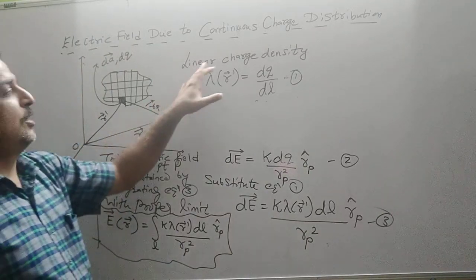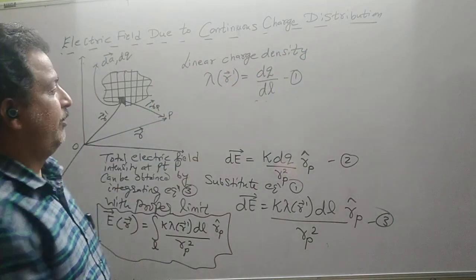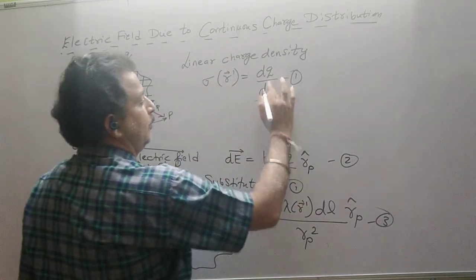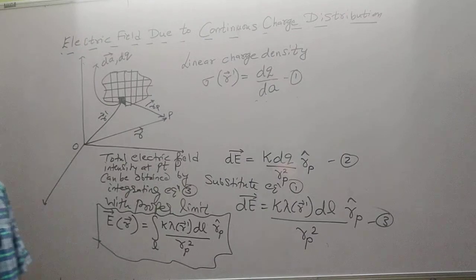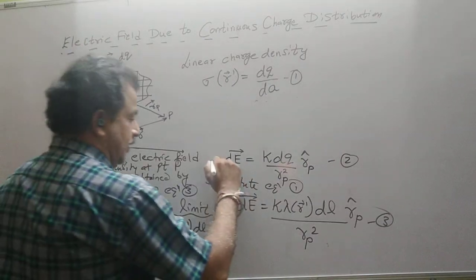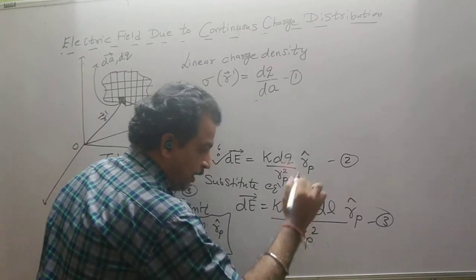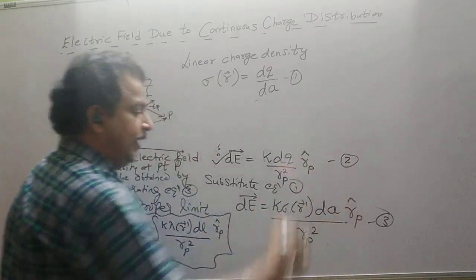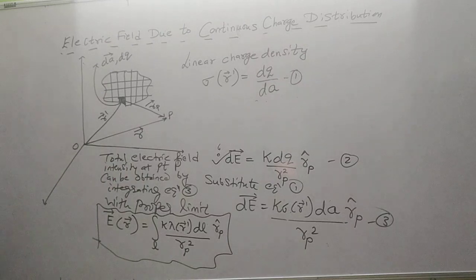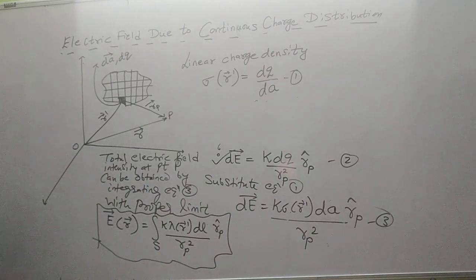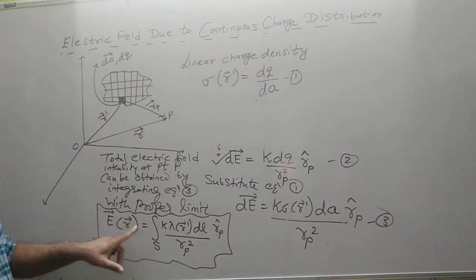Now instead of linear charge density, we have a surface charge density, so I change this symbol to sigma, and here it becomes dA. Similarly, this equation remains same. Here it becomes sigma into dA. Then again the total electric field intensity, it becomes S, which will be read as surface charge.